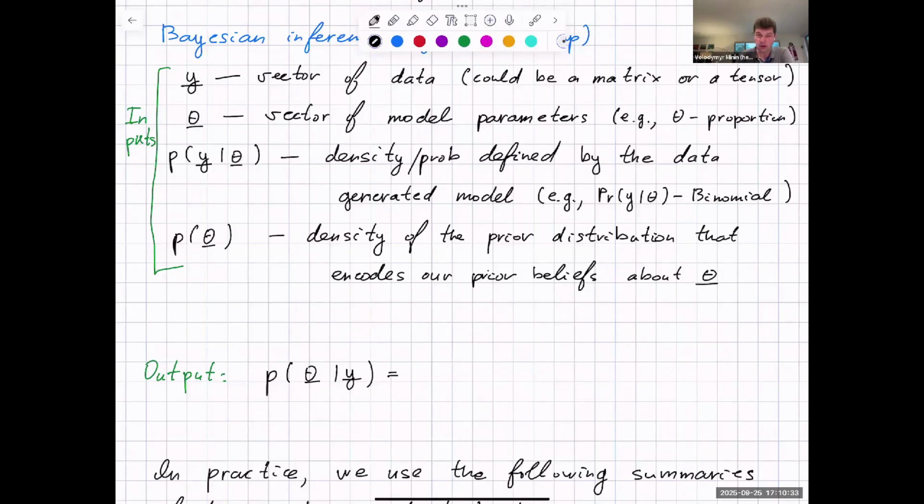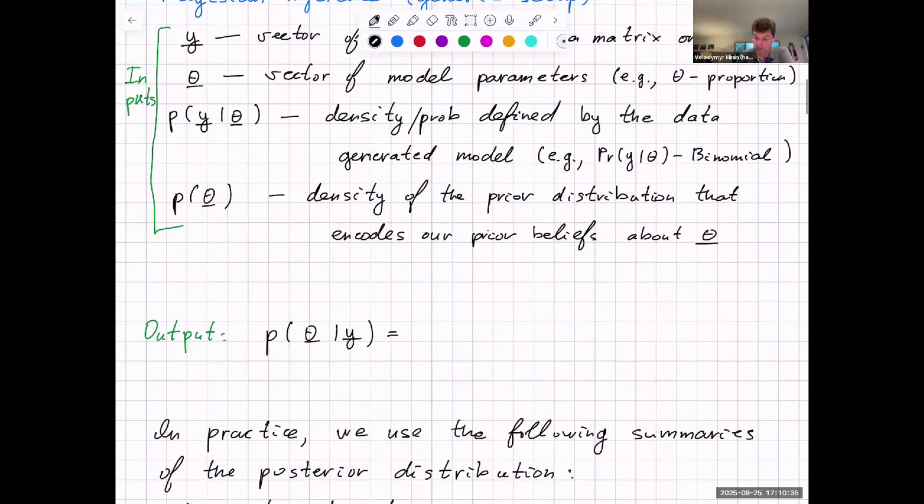When I put a bar on the bottom, that means it's a vector. For example, in our case, we had one parameter, not a vector, just one scalar parameter, and we used the beta density in the last lecture. Just to remind you of what we had in terms of examples.